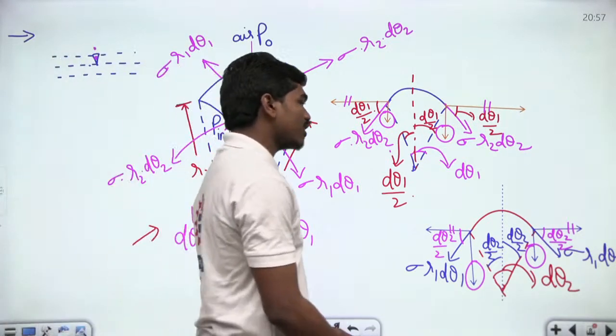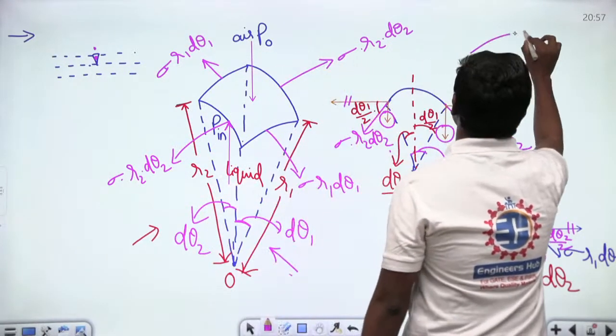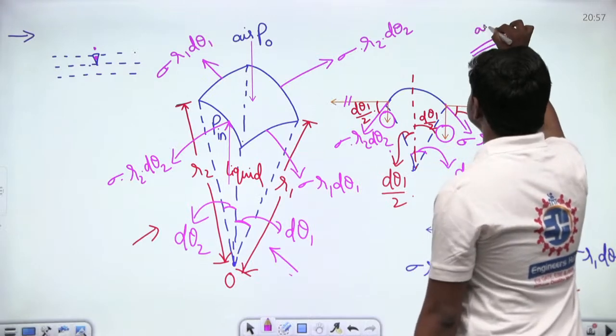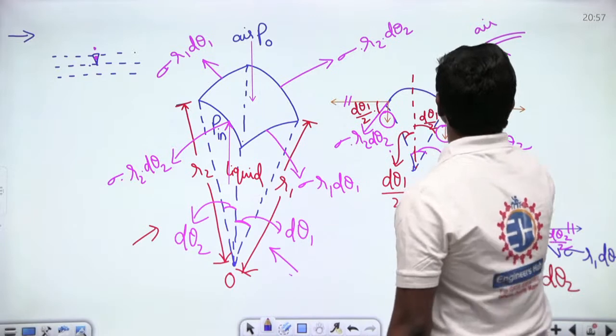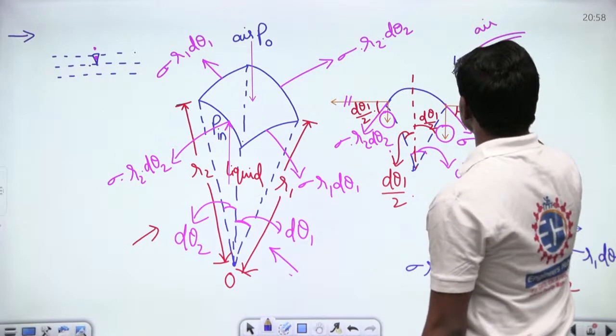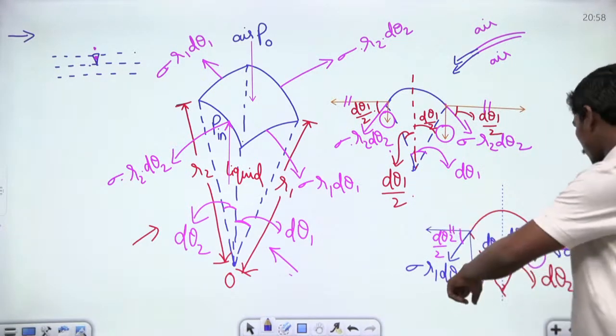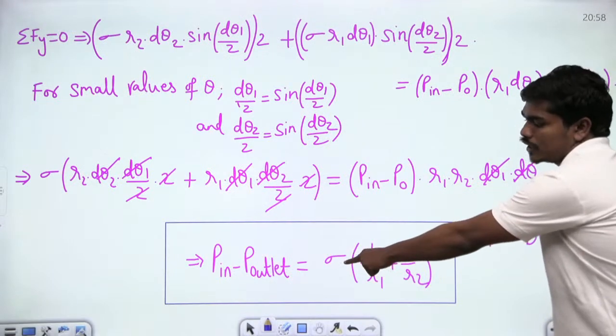But if you take the case of a bubble, the bubble has some thickness, and if there is air here and also air here, then there will be one surface tension on this surface, and also another surface tension on this second surface. So this complete formula will get multiplied by 2 in the case of a bubble, correct?